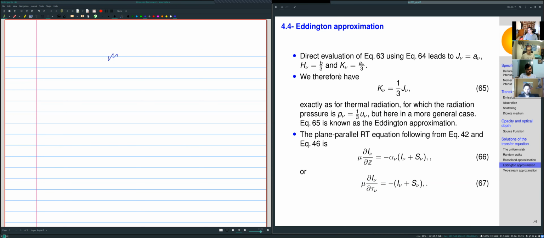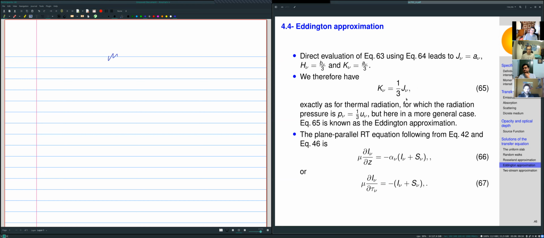And the interesting thing is that for the Eddington approximation, for a dipolar field, we have the same relationship as for thermal radiation between the radiation pressure and the mean intensity. Okay, so that's interesting. And that is the root of the Eddington approximation.